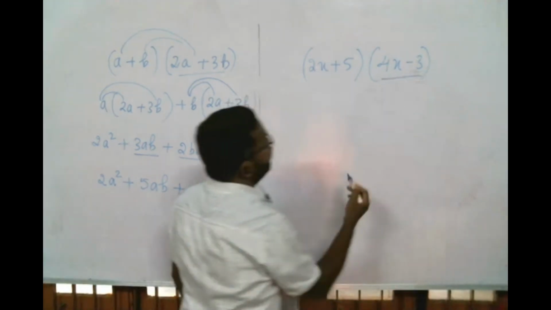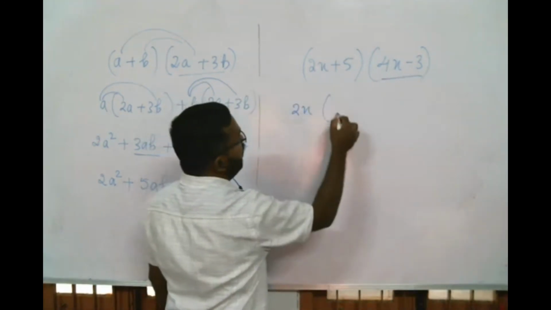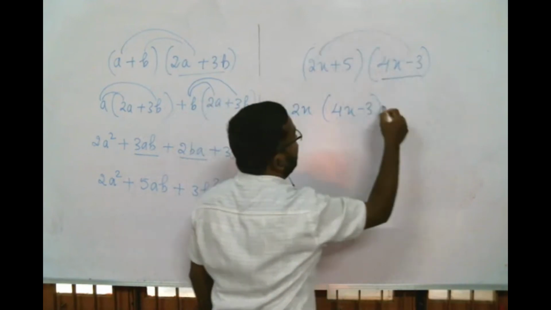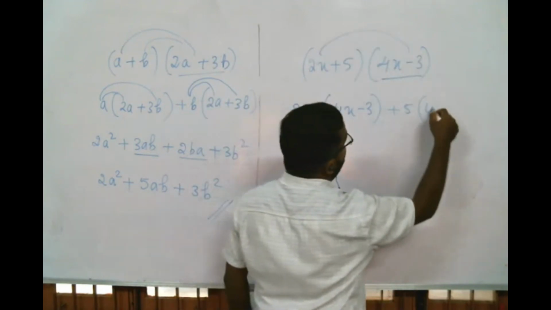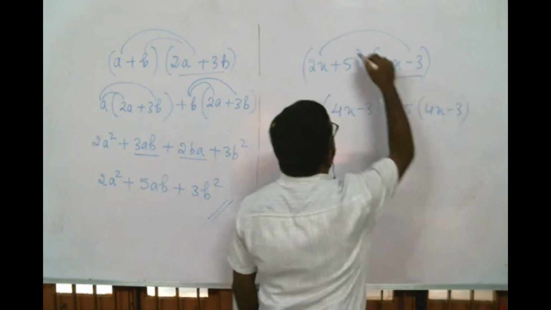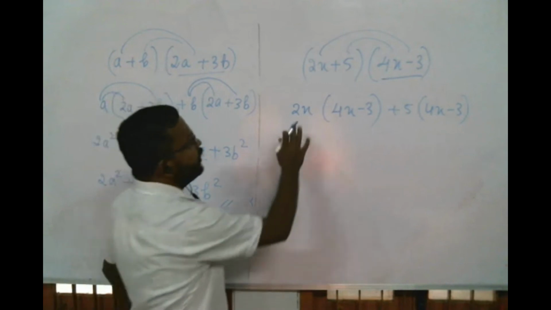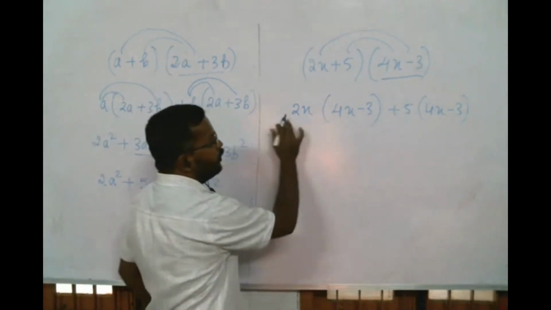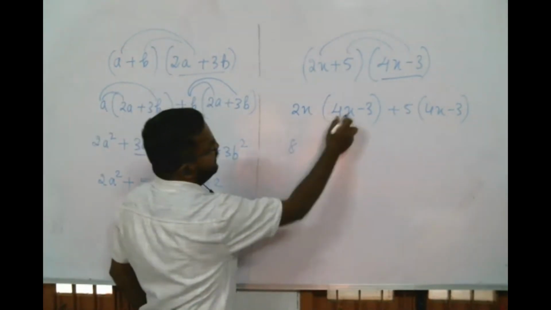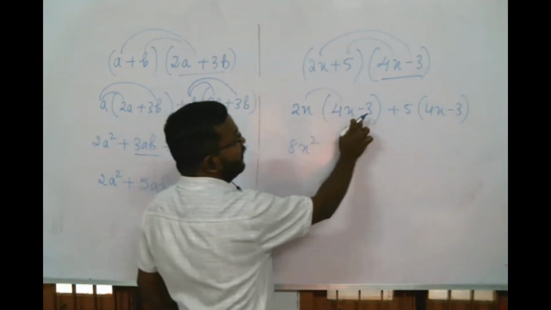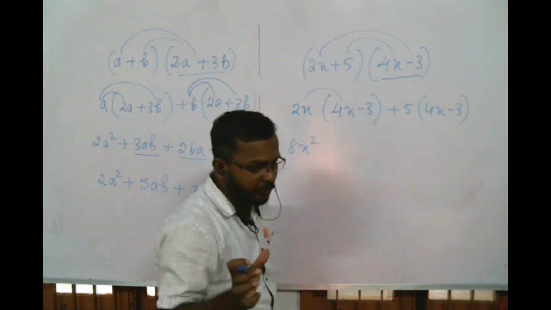This we will take as one term. 2x we have to multiply with 4x minus 3, and again plus 5 we have to multiply with 4x minus 3. So now 2x into 4x, 2 into 4 you will get 8, x into x you will get x square. Now 2x we have to multiply with minus 3.